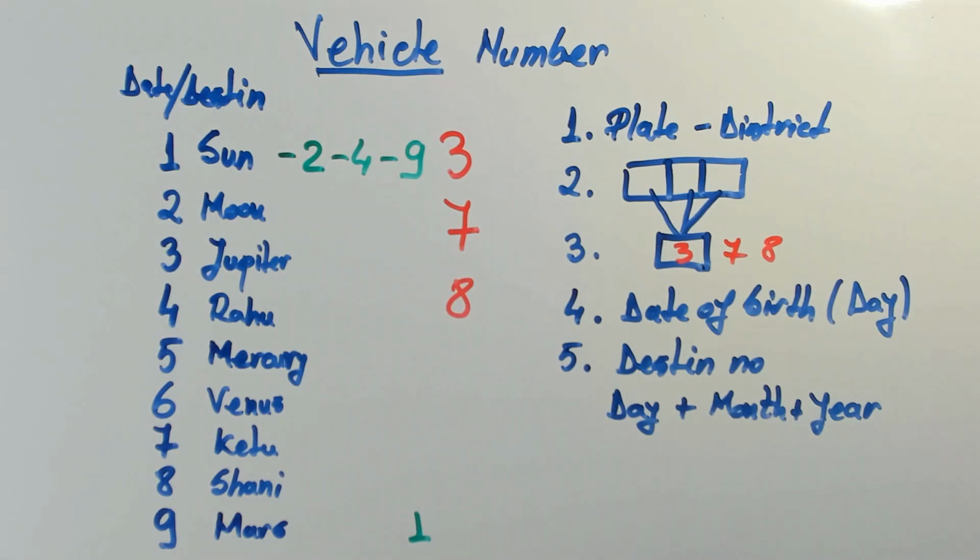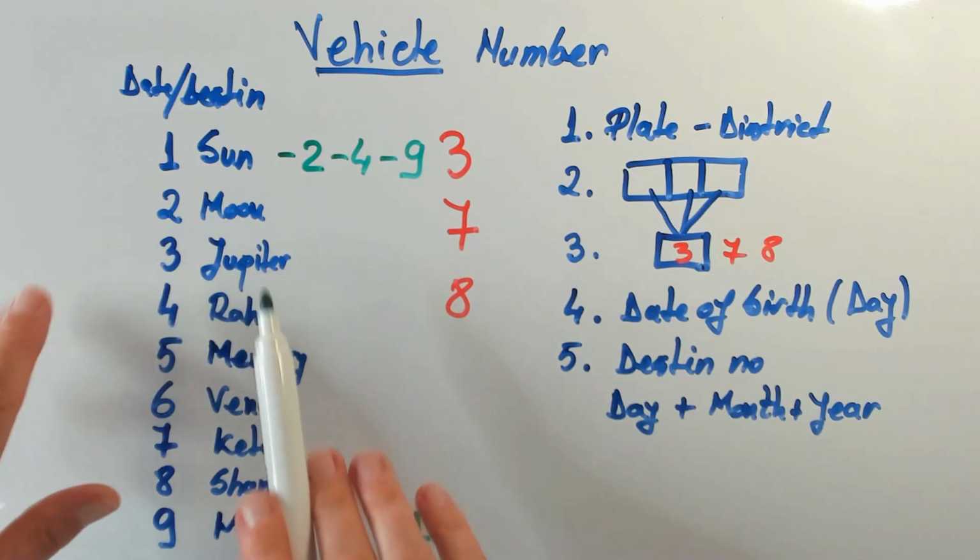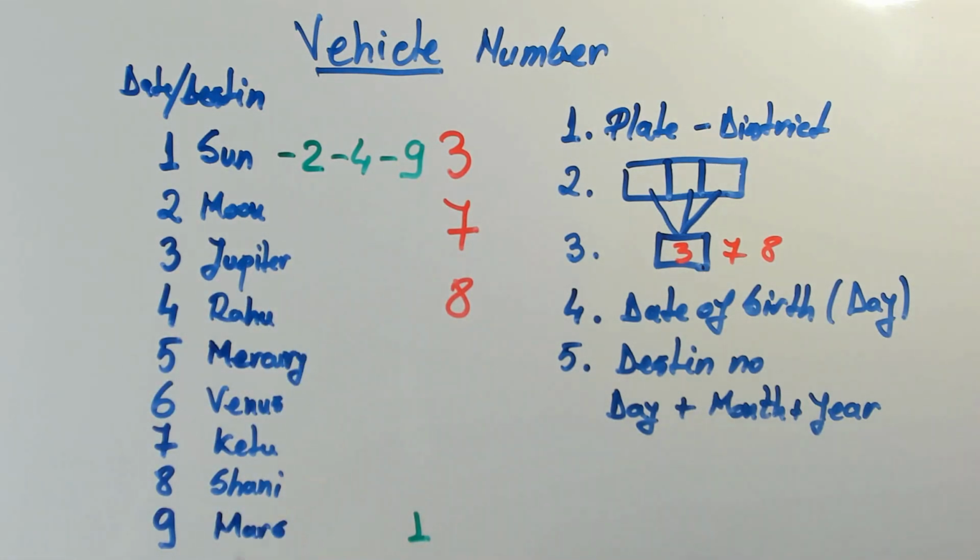Now, if we're going to take the 2, it shows that the car was taken promptly, all of a sudden, and at least 4 people were involved.